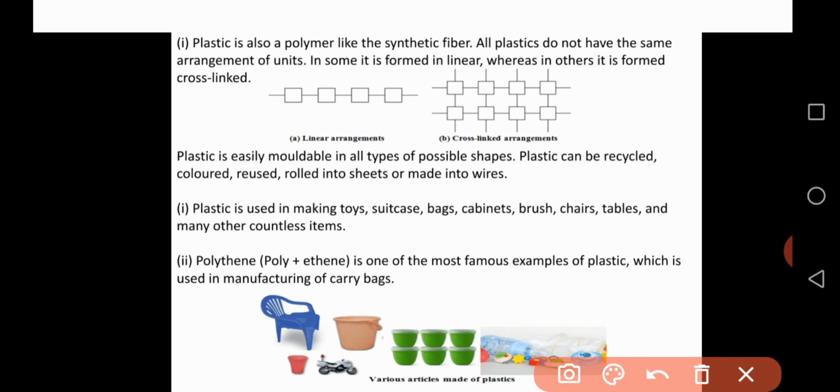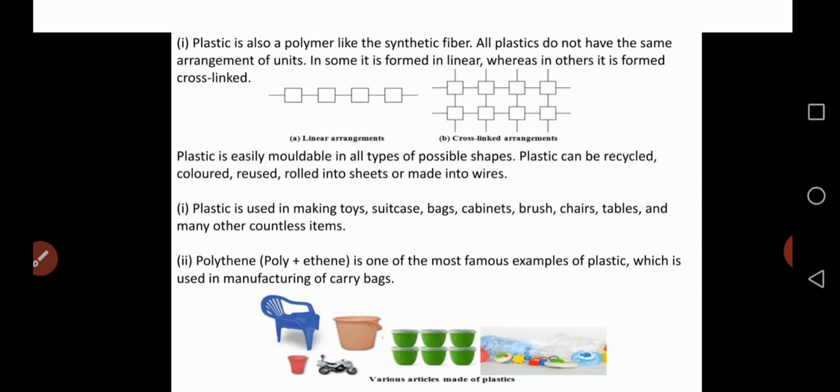For example, observe here that different shapes of articles are made of plastics. Plastics can be recycled, and we can also add any color to the plastic, and finally we get that color in the article.